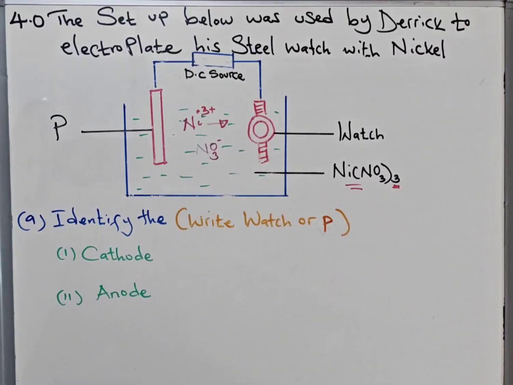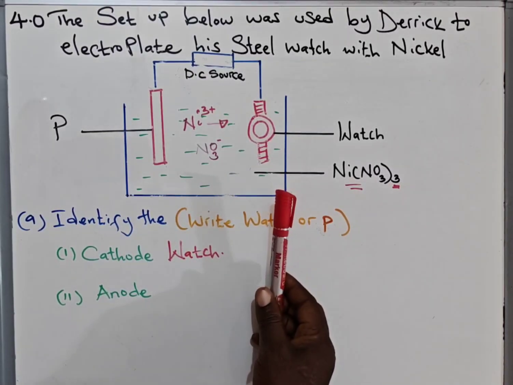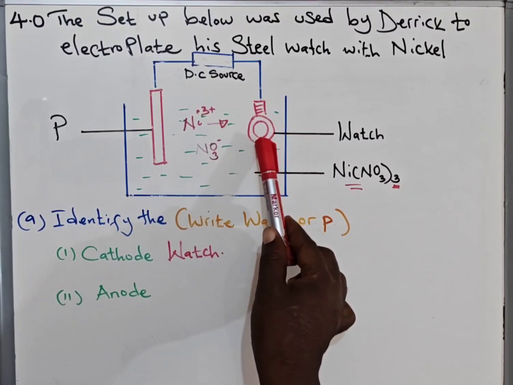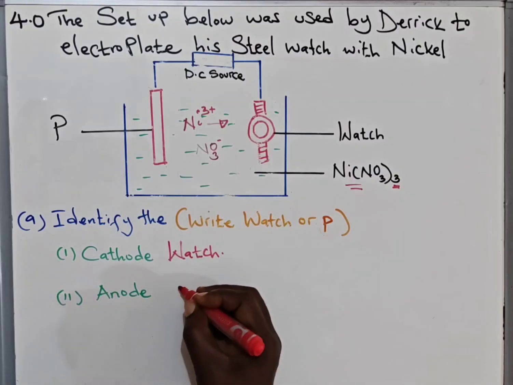A negative electrode is cathode. So what are we going to conclude here? That it is the watch which is the cathode. So if the watch is the cathode, because cations are moving there, it implies that P is the anode.